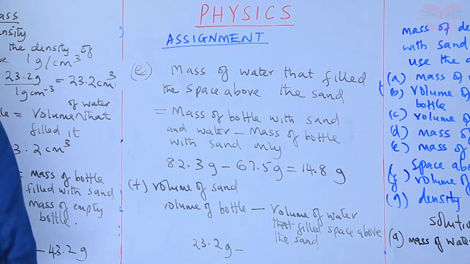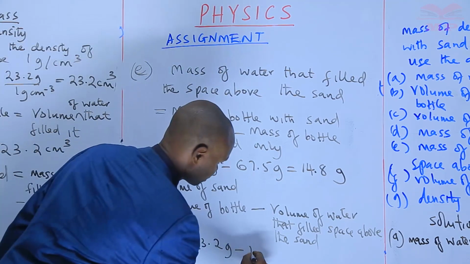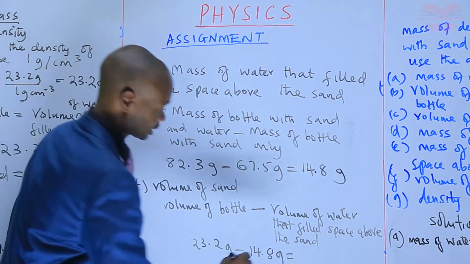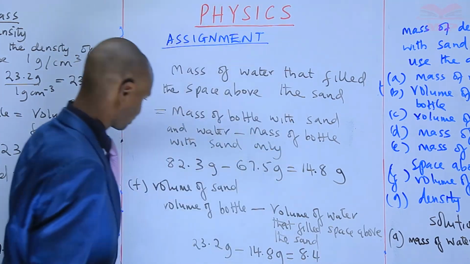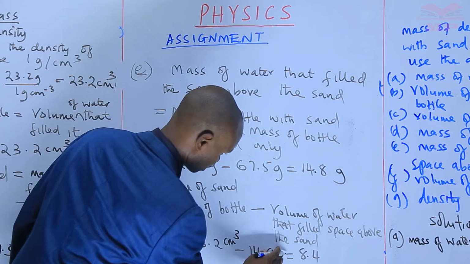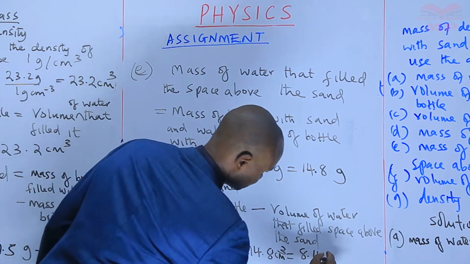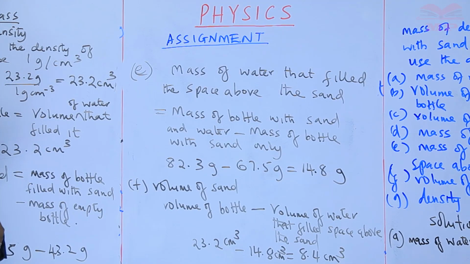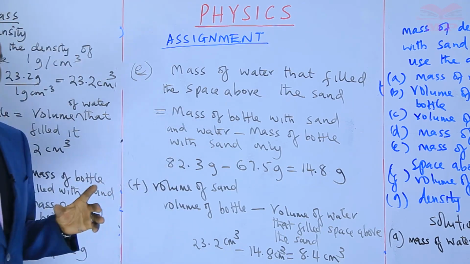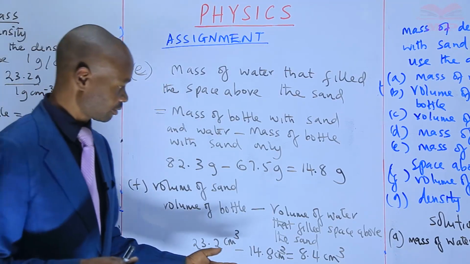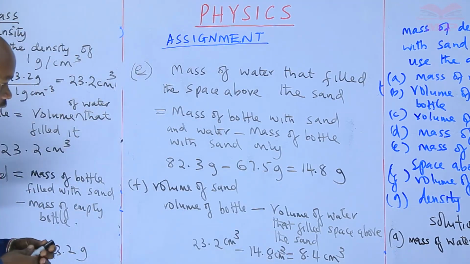Then we subtract 14.8, and we get 8.4 centimeters cubed. The volume we initially got was not the exact volume because there were spaces between the sand particles. So now we have got the exact volume of the sand.